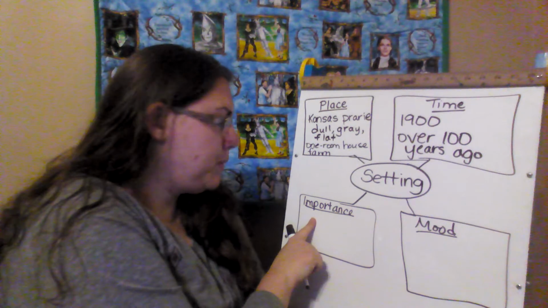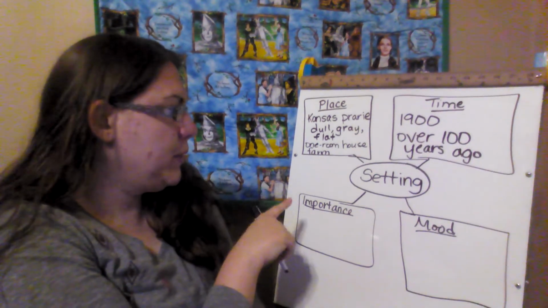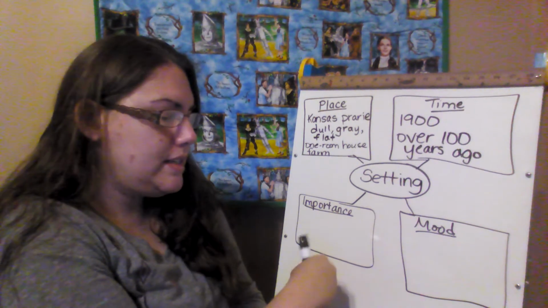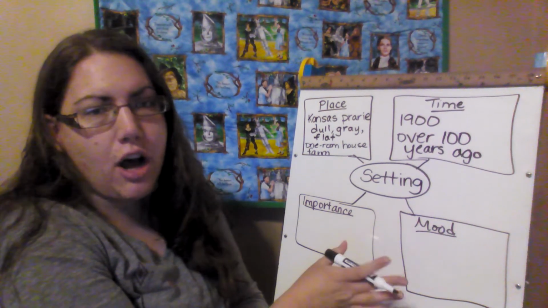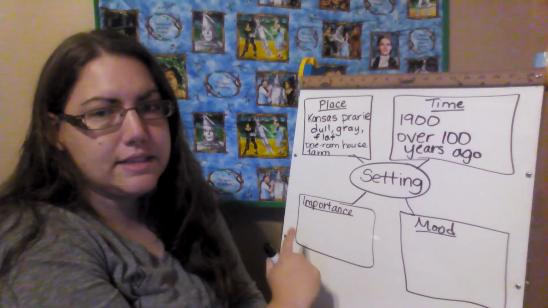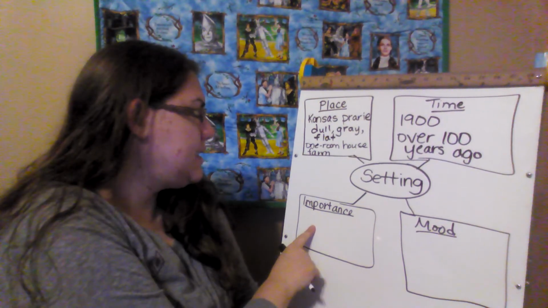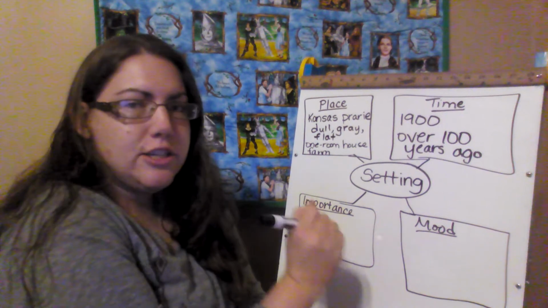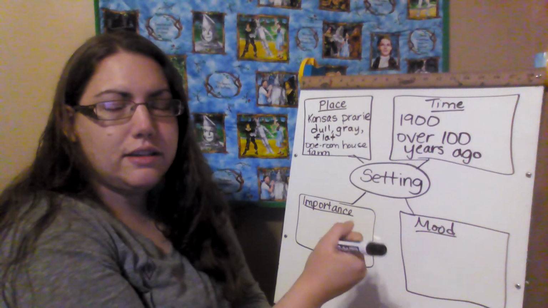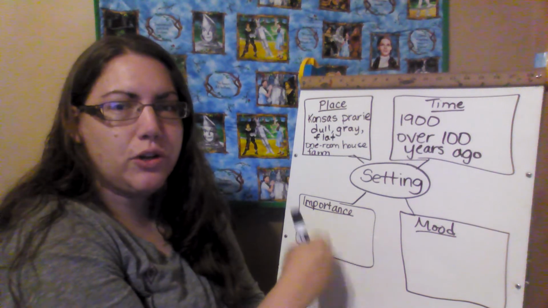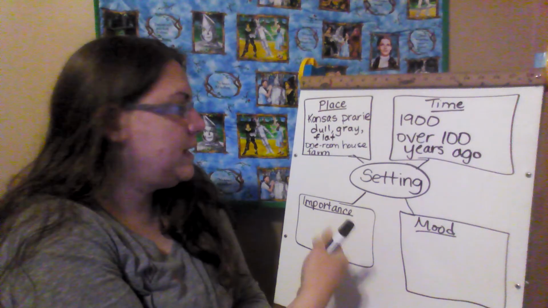Then let's go down to the importance. Now, this setting is important because as we keep reading in Chapter 2, we're going to see that there's a huge contrast between Kansas and where she ends up, which is called Oz. So the setting is very important because she was such a bright, vibrant child. She loved to laugh, but everything else around her was so dull, gray, even the people, the place that she lived.